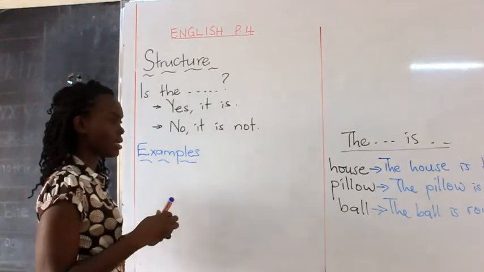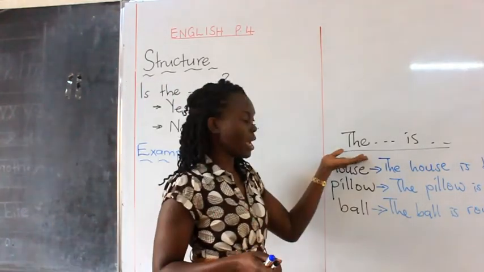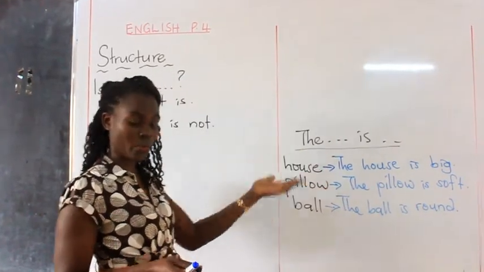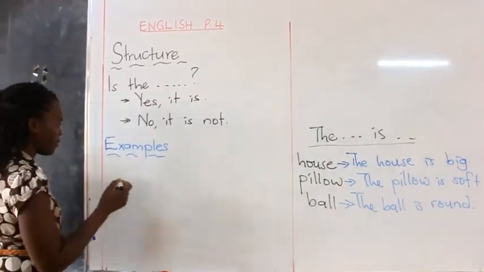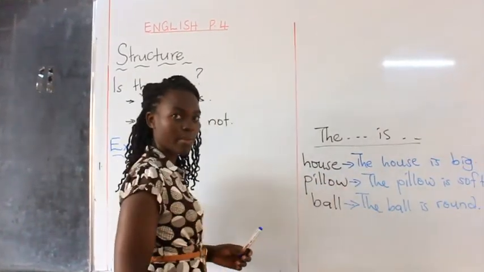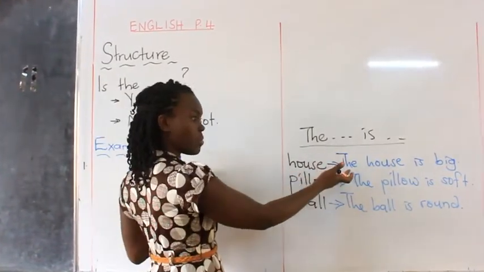Looking at the structure that we had the last time, that's where we are going to get our questions from. For example, there we have, the house is big. How are we going to form a question from this?